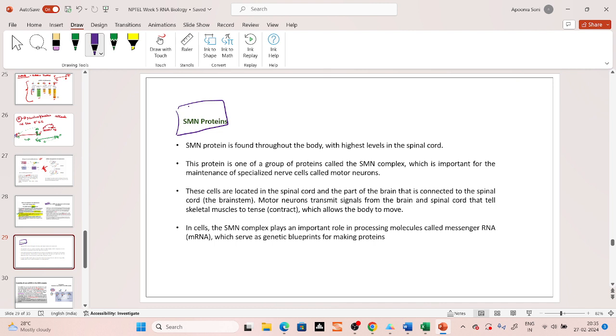These proteins belong to a group of complexes known as the SMN complex, which is important for the maintenance of specialized nerve cells called motor neurons. So these SMN proteins are required for the maintenance of motor neurons, and basically they are located in the spinal cord and the part of the brain that is connected to the spinal cord.